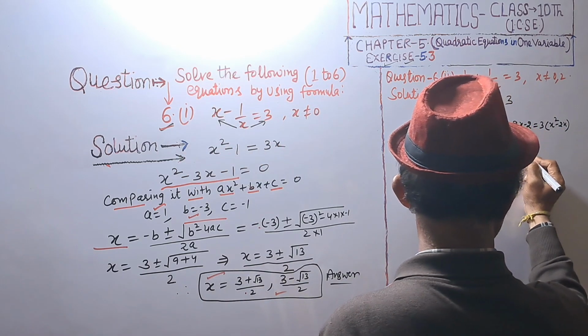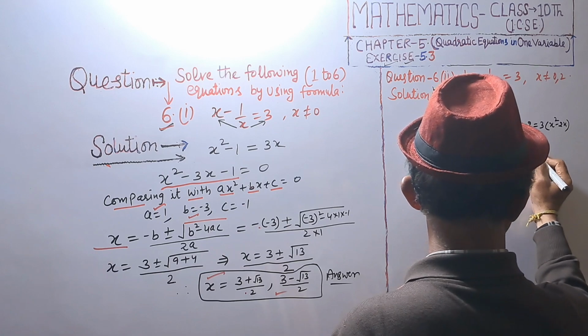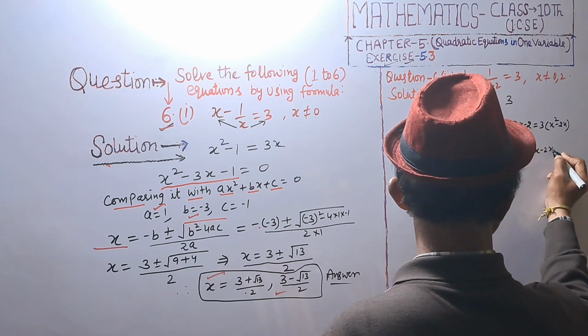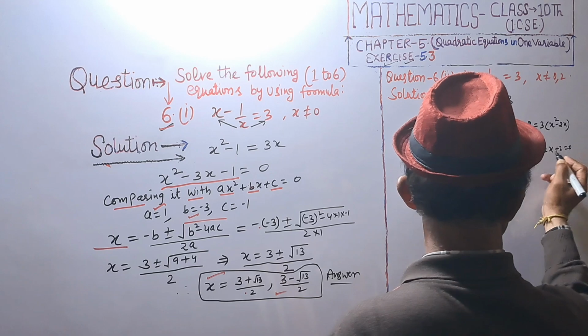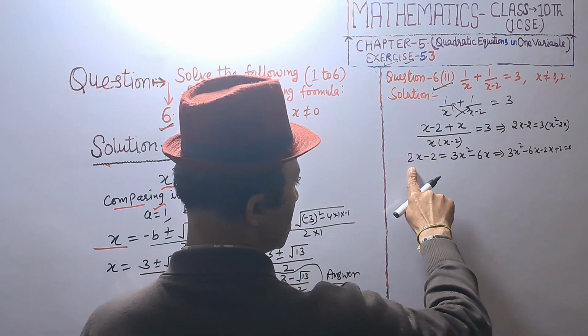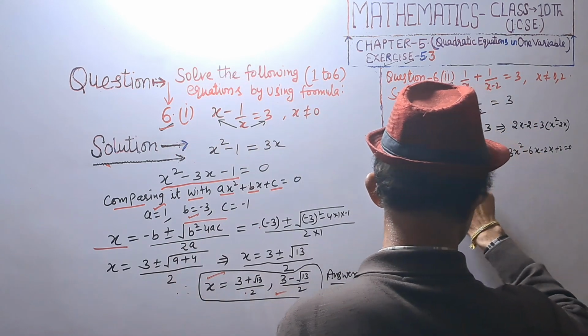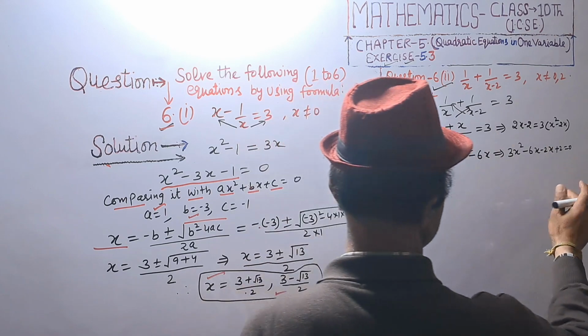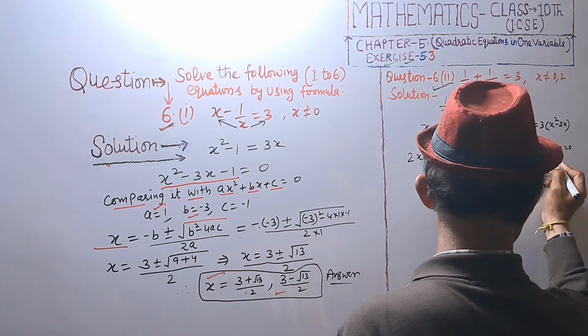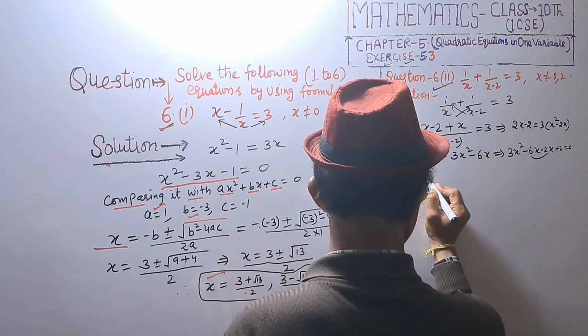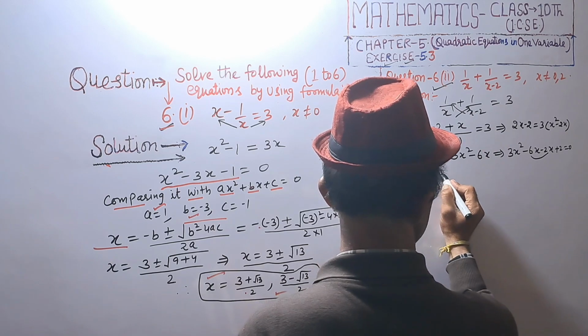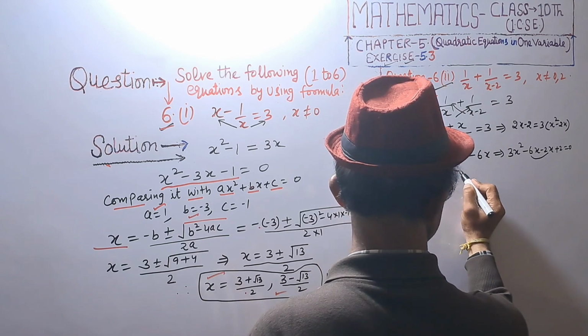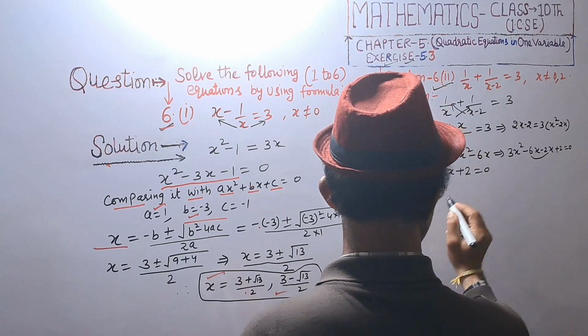Then 3x square minus 6x minus 2x plus 2 equal to 0. Plus 2x will be minus 2x, minus 2 will be positive 2 equal to 0. And quadratic equation is 3x square minus 8x plus 2 equal to 0.